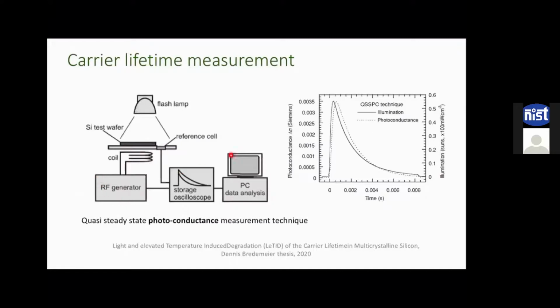And the rest of the circuitry processes the data and finally gives us the lifetime of the photo-generated minority carriers inside this test wafer. So if this is an N-type wafer, you will get the lifetime of holes inside this silicon wafer. How does this system do that?